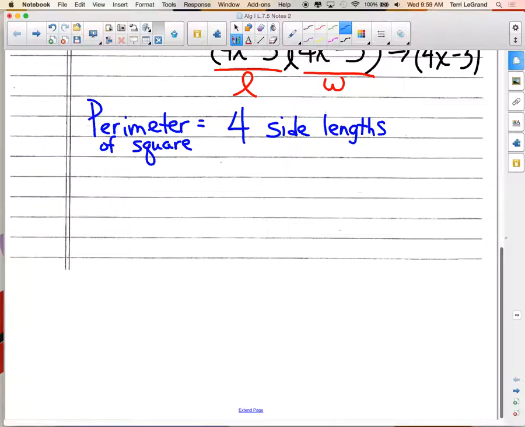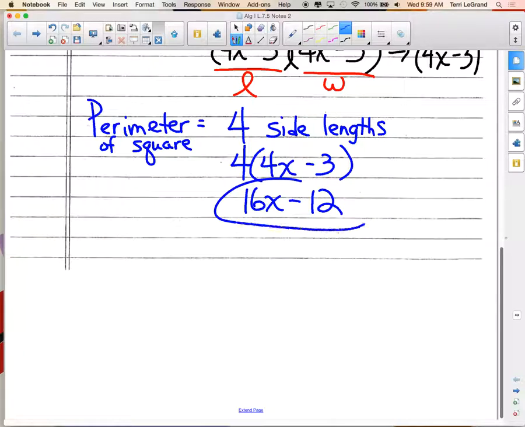So we just have to take 4 times our side length, 4 times 4x minus 3, and we will have an expression, also known as a polynomial perimeter. What is it? 16x minus 12 is our perimeter.